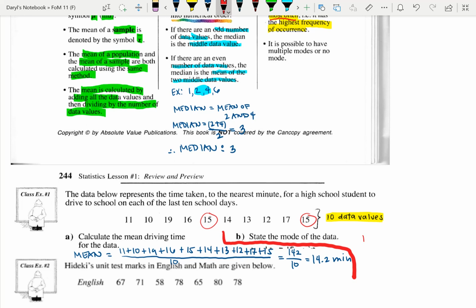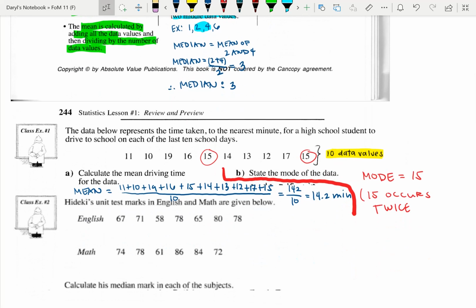So therefore, the mode, I would say, is equal to 15. Because again, 15 occurs twice, more than other data values.